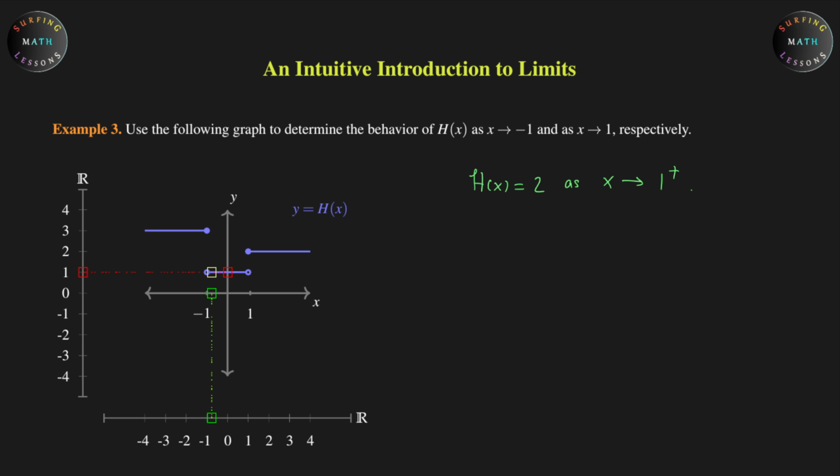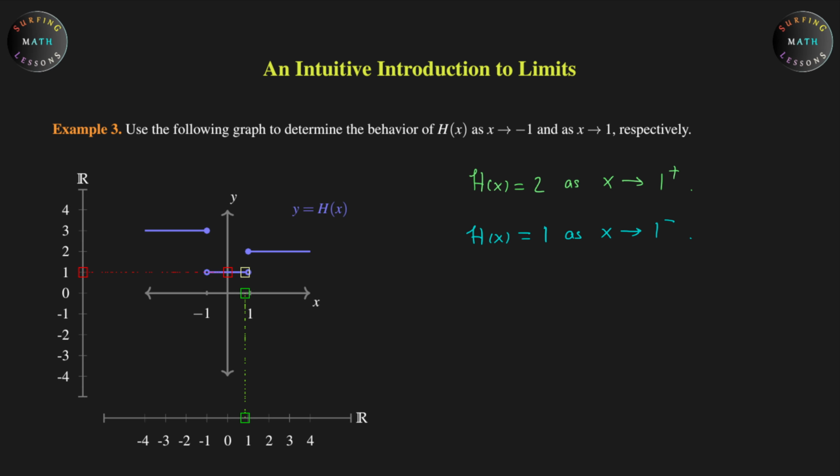As x moves closer and closer to 1 from the left of 1, it is eventually walking over the open interval minus 1 to 1, where h of x behaves as the constant function y equals 1. Hence, h of x behaves as the constant function y equals 1 as x approaches 1 from the left. Notice that h of x behaves differently when x approaches 1 from different directions.